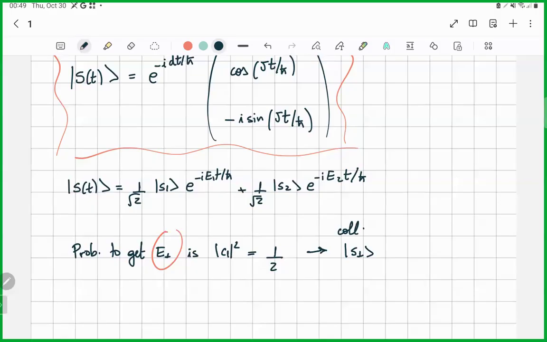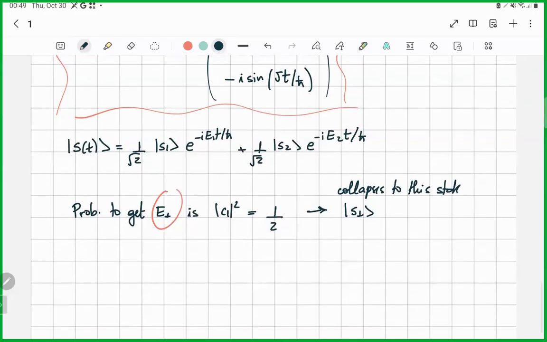The system collapses to this state. Okay, so another way to talk about this probability to measure energy E1 is to say the probability to measure energy E1 is the probability that my state will collapse to the state S1.